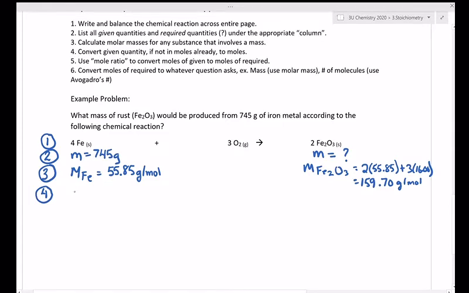So we have 745 grams of iron, and we're going to multiply by 55.85 grams on the bottom, 1 mole of iron on top, which gives us, I'm going to just jot down 13.34, but I think I've mentioned in the past, it's really best if you don't clear your calculator.